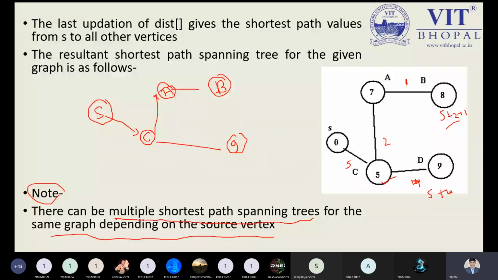Maybe I pick the source vertex as D. Then the spanning tree of my answer will be different. So keep this in mind while solving the problem. But it is a better idea to pick the leftmost vertex as your source, because in many examples we have found this kind of situation.